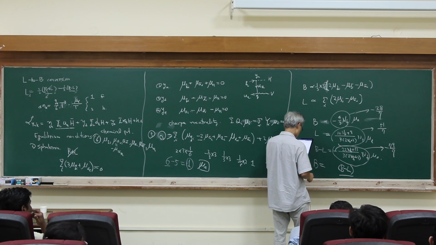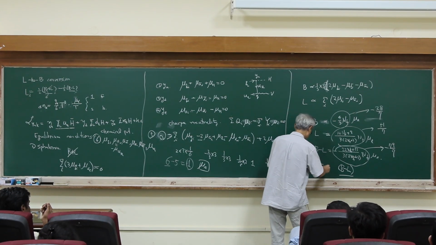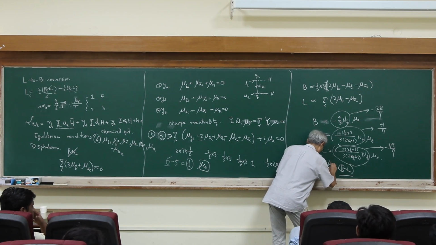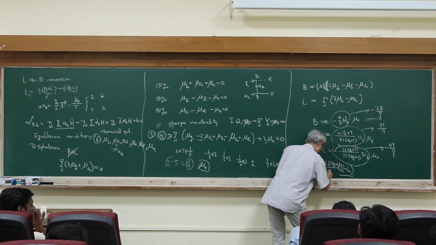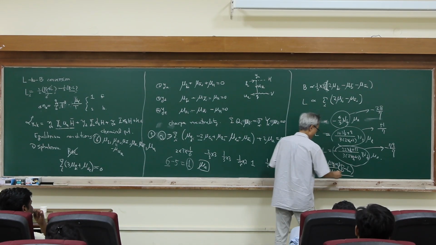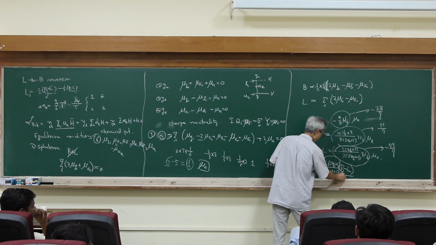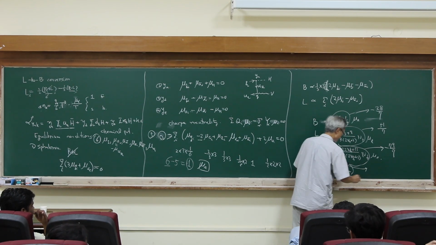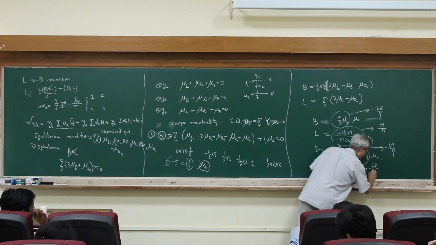So we have this famous quantity factor, which is... now some of you may be familiar with this number, 28 over 79.